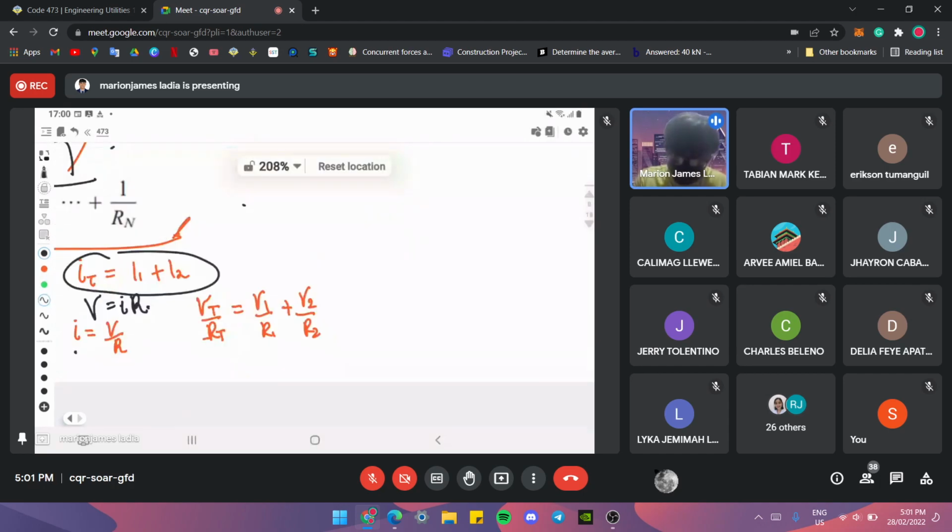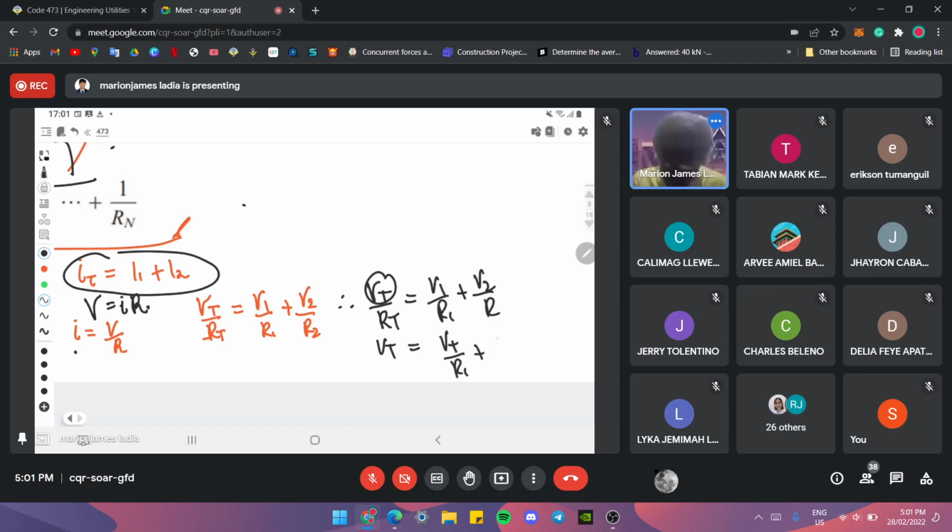So therefore, VT over R total is equal to VT over R1 plus VT over R2.